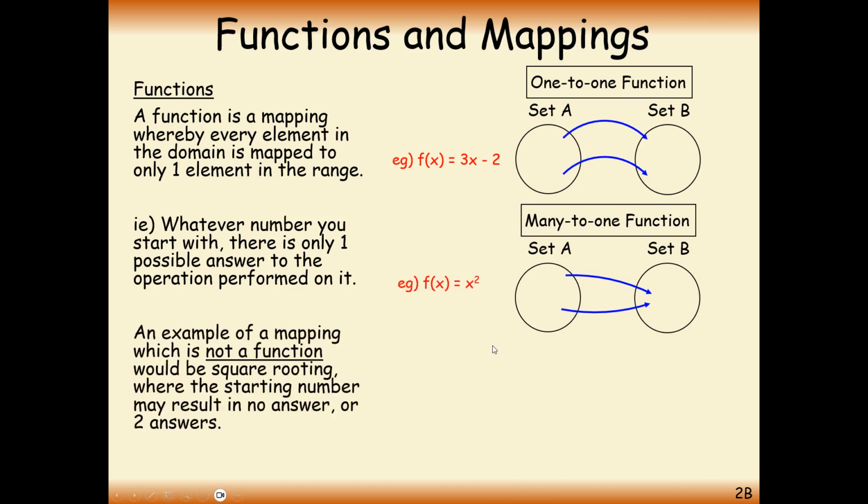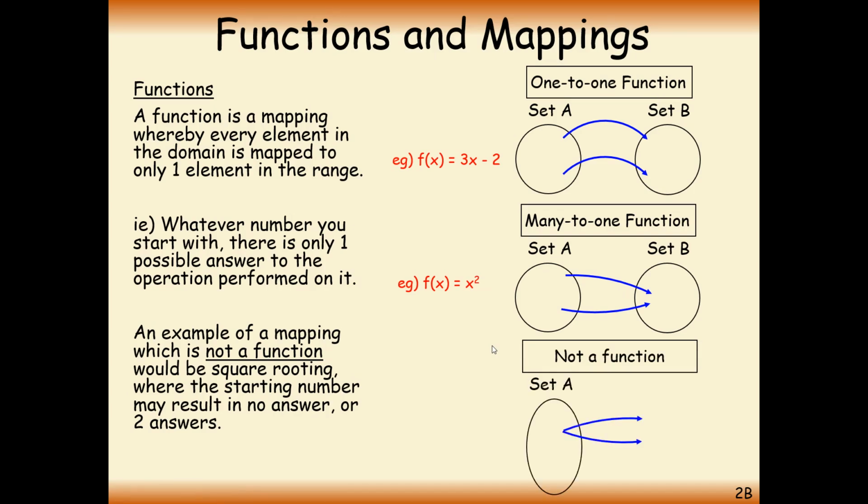But what doesn't constitute a function is when you have one input pointing to two outputs. So let's take a square root. If I take the square root of 4, I will have either a positive 2 or a negative 2.